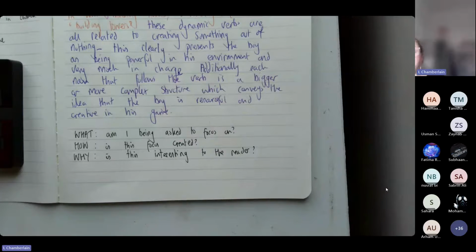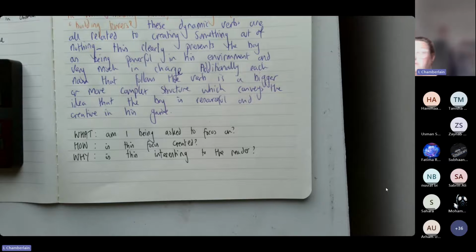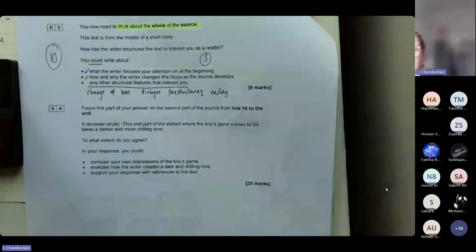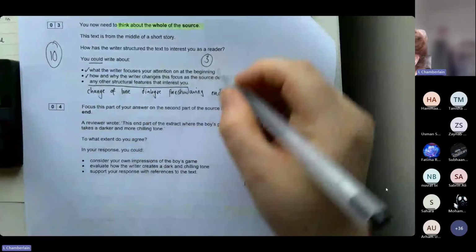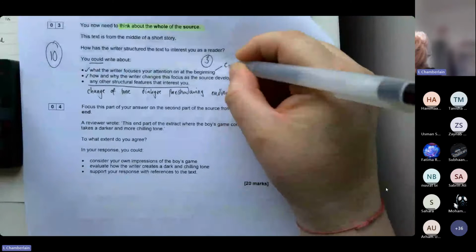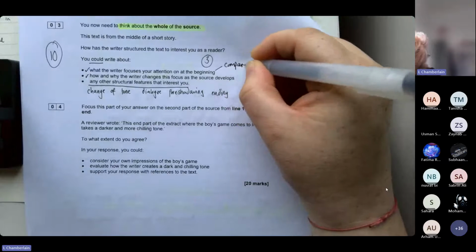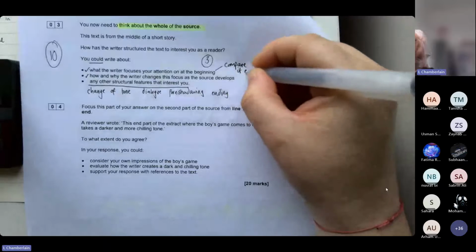Now, the other thing that I will say is that if you are able to, at the beginning of this question, offer a very brief overview of how the writer is using structure, that can also be something really powerful. So, for example, and I was saying this to my group earlier today, what the writer focuses your attention on at the beginning, you could also, at this point, compare it to the end.